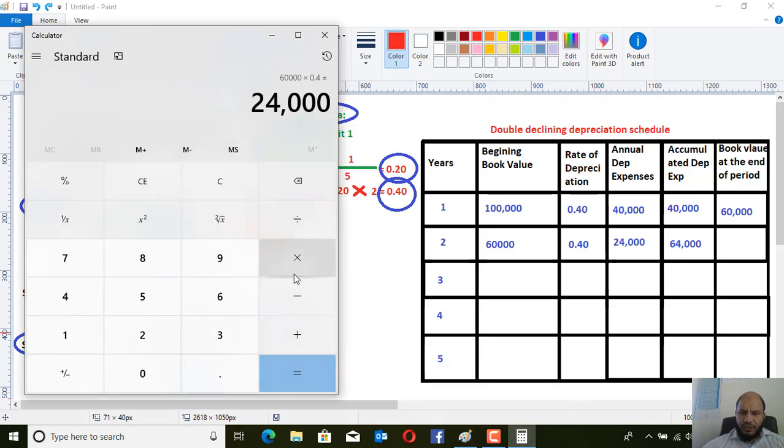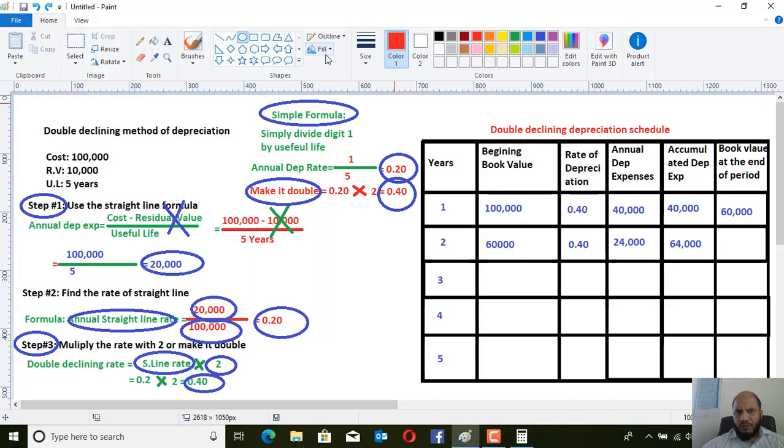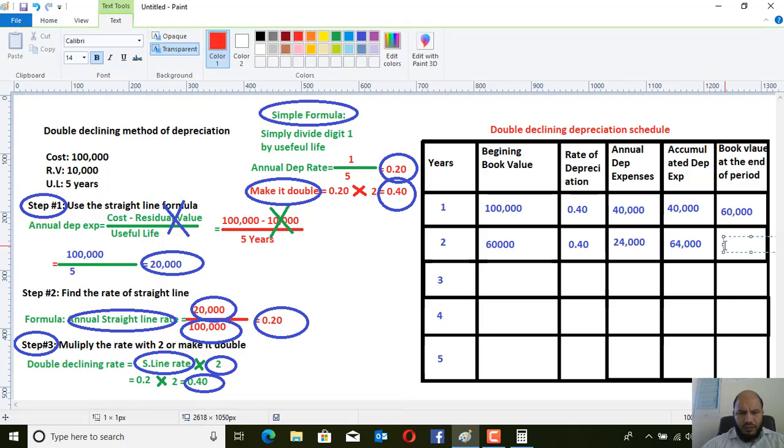See dear students, 60,000 minus 24,000 is equal to 36,000. So we will write down 36,000 over here. This is our ending value.